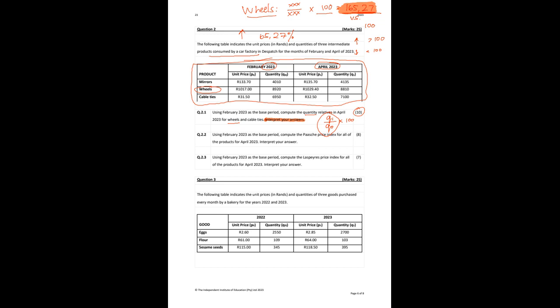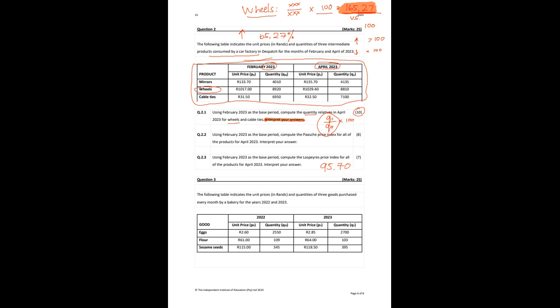So always for stats, 2 decimal places unless they specify otherwise. Never ever 1 decimal place. So please leave it as 2 decimal places, even if it's like, for example, let's just say it was 95.70. Although it's a zero, make sure you write down the zero.